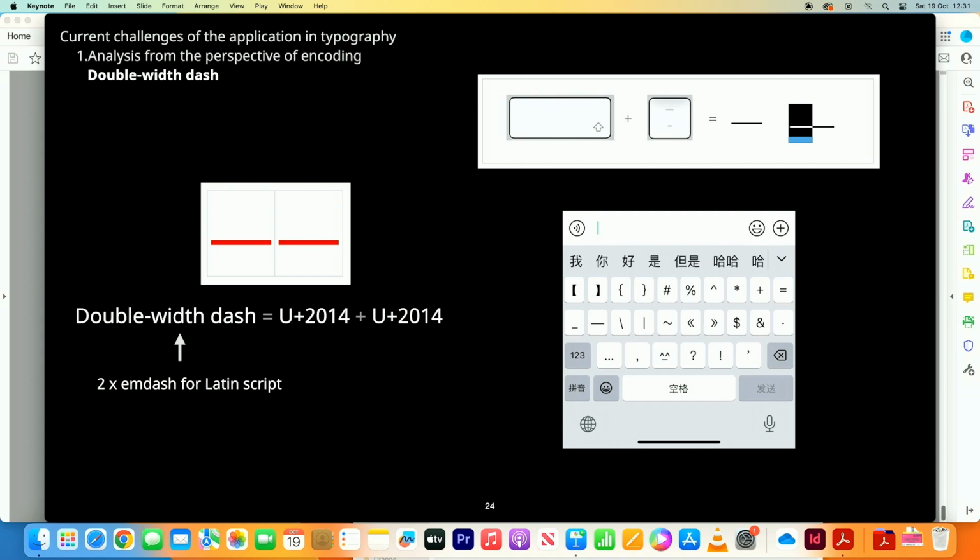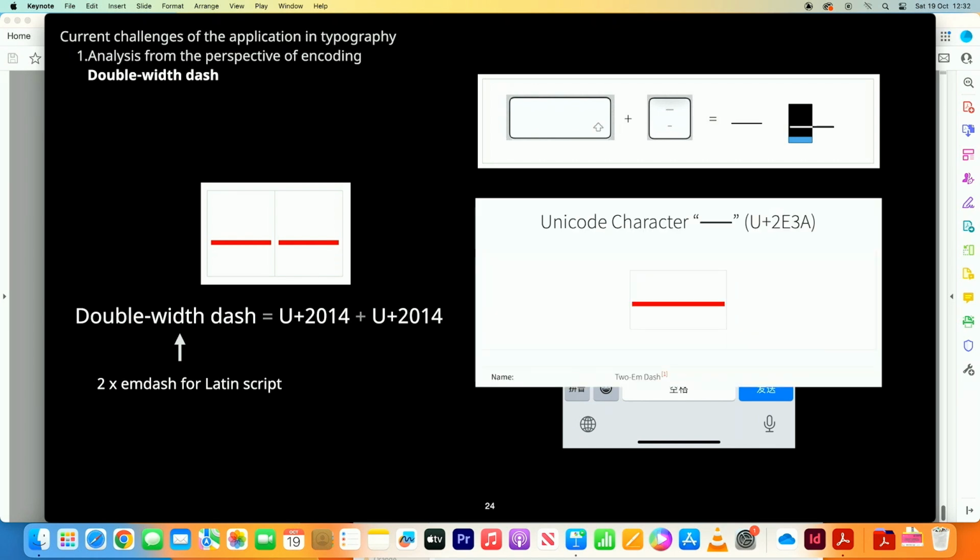One is the use of two M dashes, and that will appear when you press shift and minus key on your keyboard. It will automatically show two M dashes combined together. And on your phone, you just tap this M dash twice.